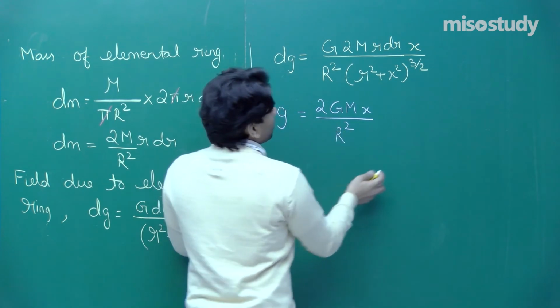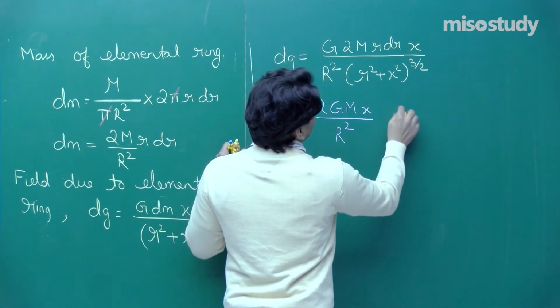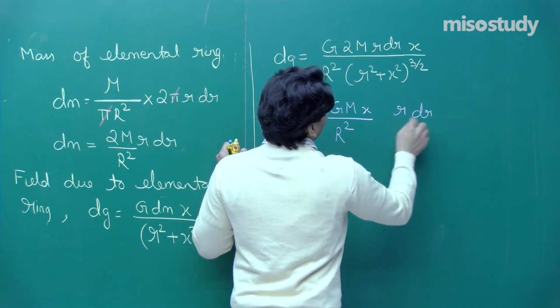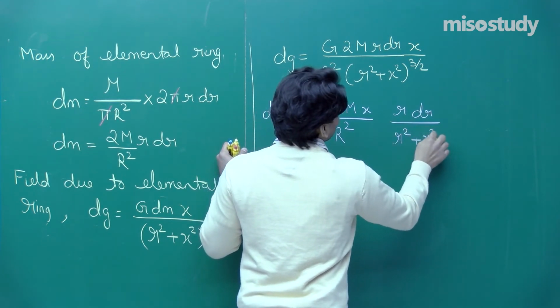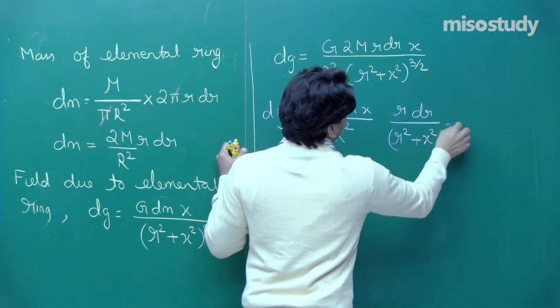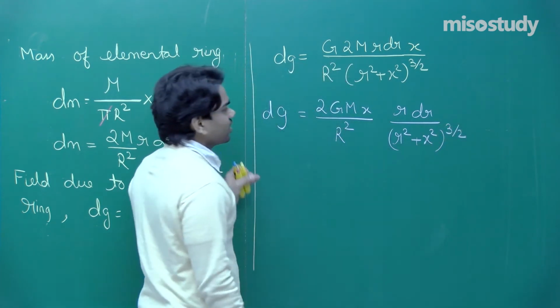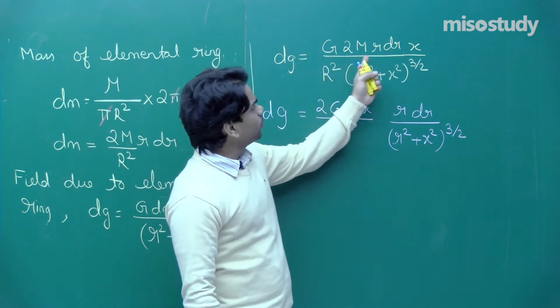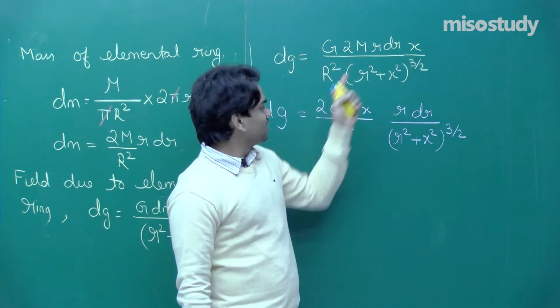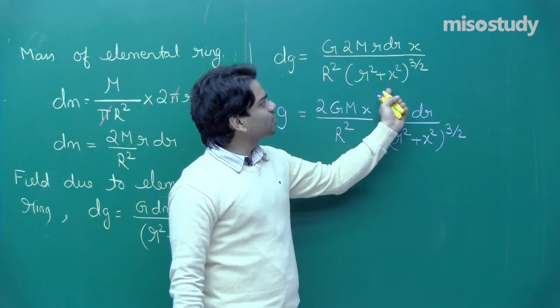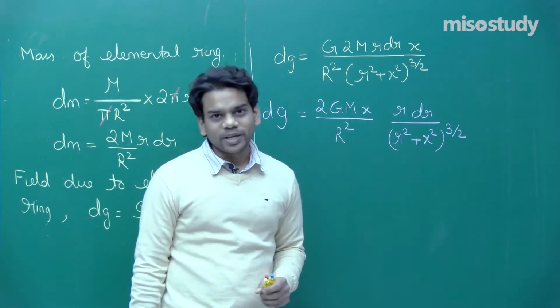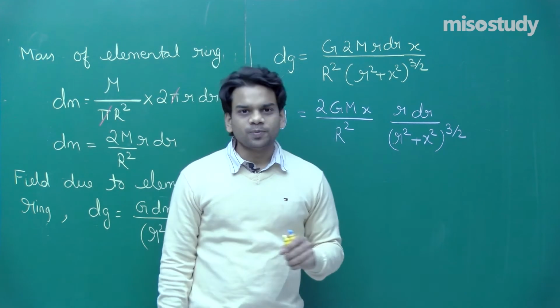All the constants I am keeping here, and the rest, the variables, I am substituting here: r dr divided by r square plus x square power 3 by 2. Easy, not a problem. Obtained.